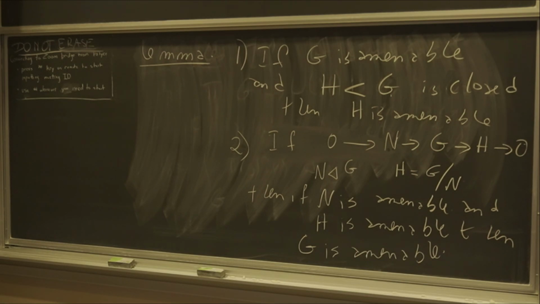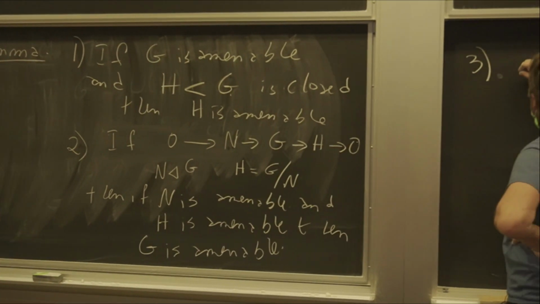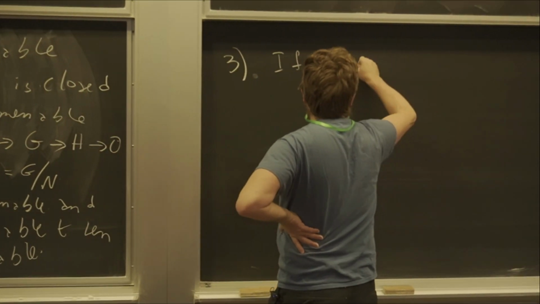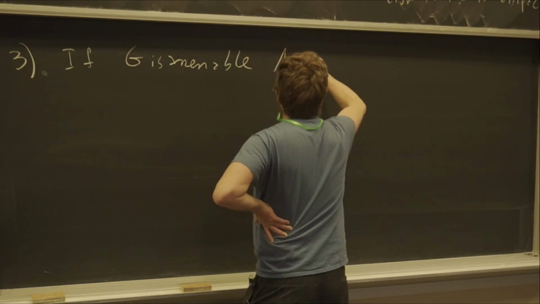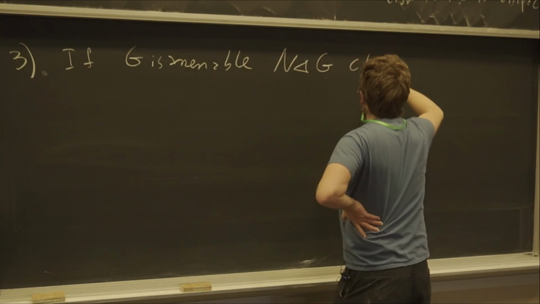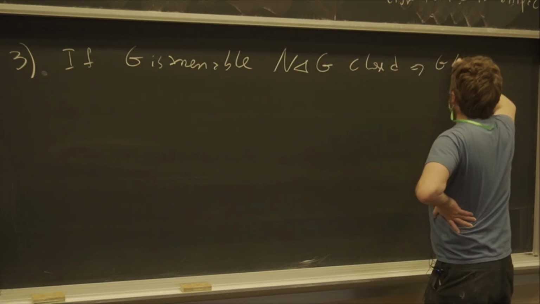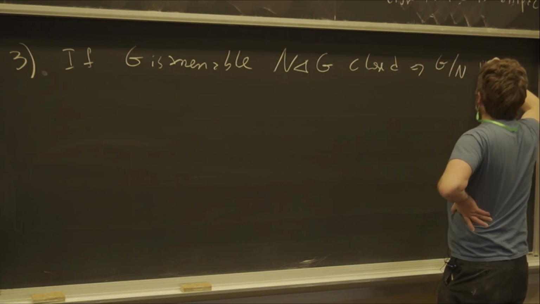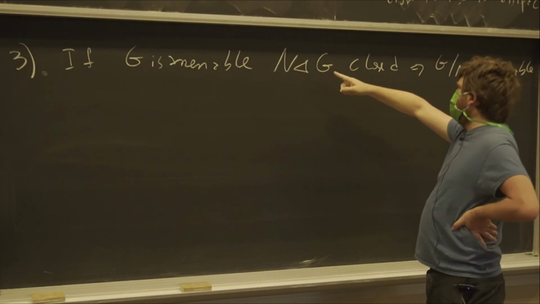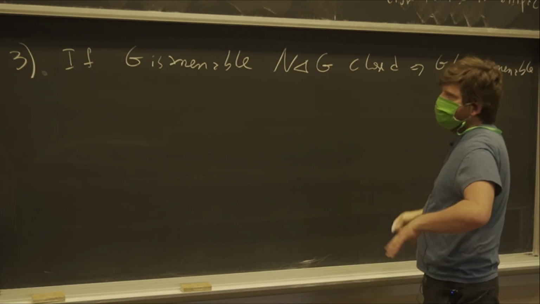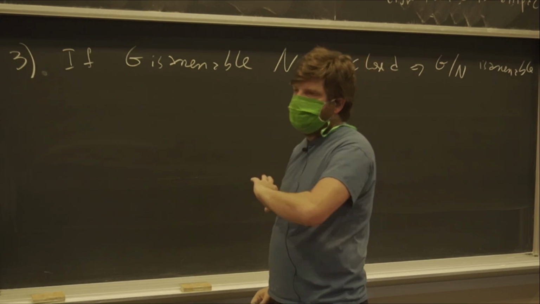Still, let me put one more property before I continue. Three is: if G is amenable and N is closed, then G mod N is amenable. I need the closedness of N, because if N is not closed, then the topology of the quotient is a disaster.